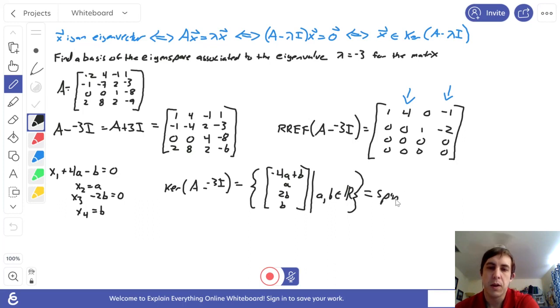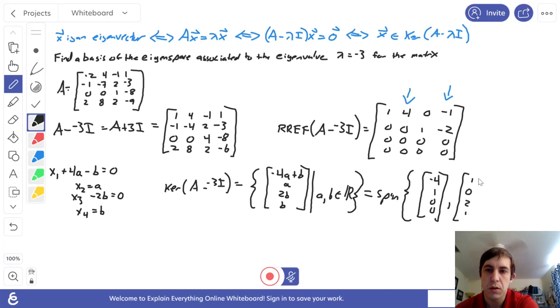And now we simply want to note that this is the span of 2 vectors. From the a's, we have the -4, 1, 0, 0. And from the b's, we have 1, 0, 2, 1.